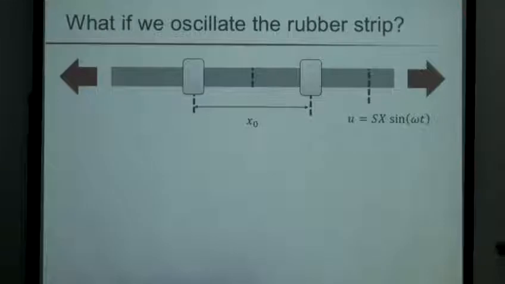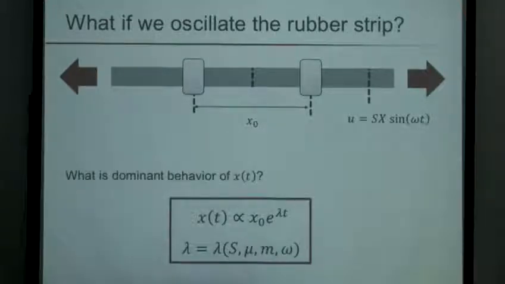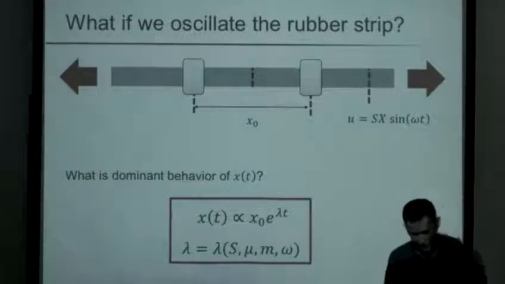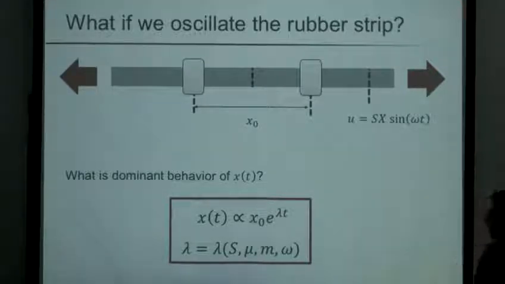So first of all, during one cycle, you're going to have some oscillatory behavior because of the short-term oscillation motion of the rubber strip. But what we are interested in is how these 2 rings behave as time goes toward infinity. And if you try to solve this problem analytically, as far as I know, there is no direct solution to this problem.